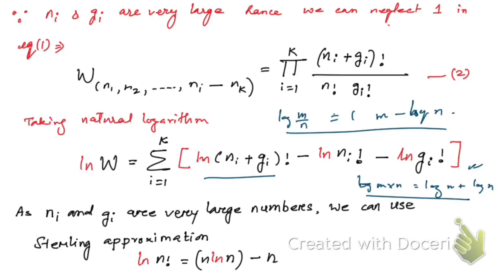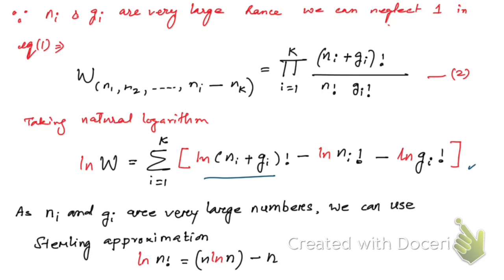Now let me clean this. ni and gi are very large numbers, so we can use the Stirling approximation, that ln n factorial can be written as n ln n minus n.